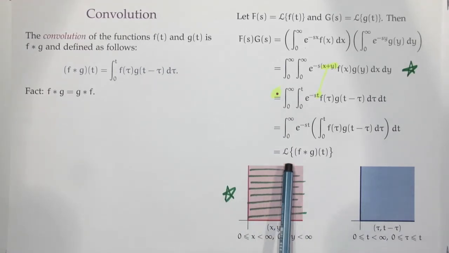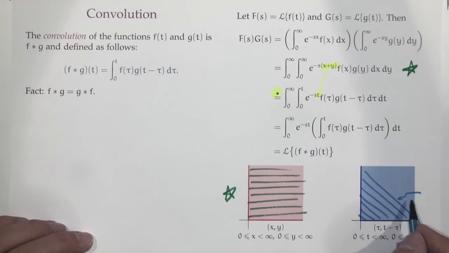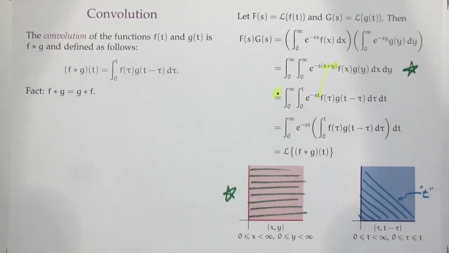And what we're going to do is we're going to still integrate over our first quadrant. But now, instead of slicing this horizontal way, we actually slice diagonally. So that's what's going on. So any single slice here, each diagonal corresponds to a t.